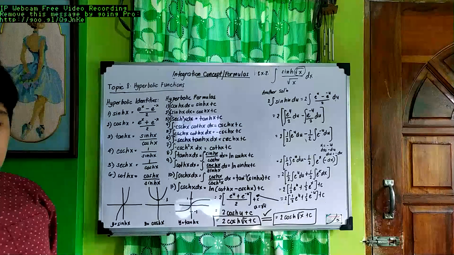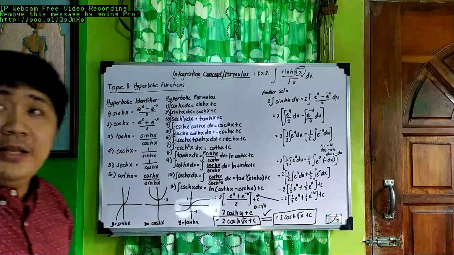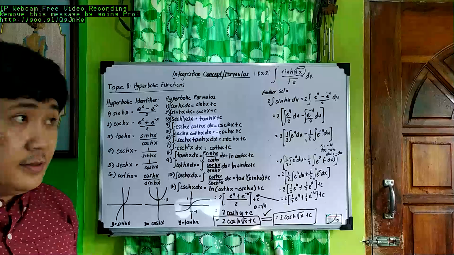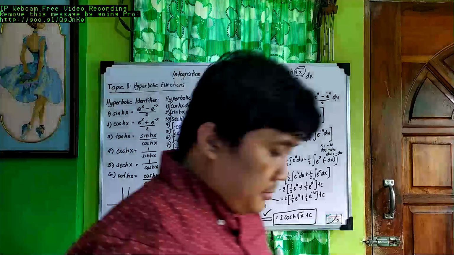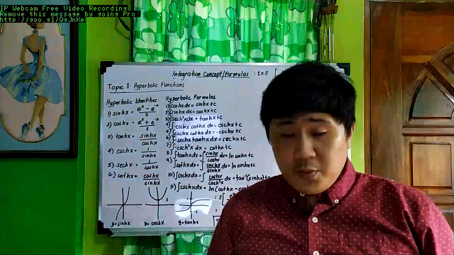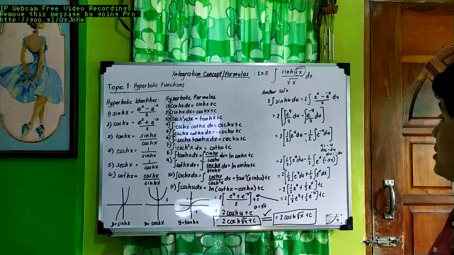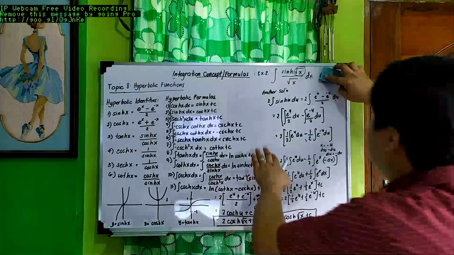Let's try another example. First, just look at it first. Look if we have something wrong in our solution before we go to our last example. After that, let me erase this one already.